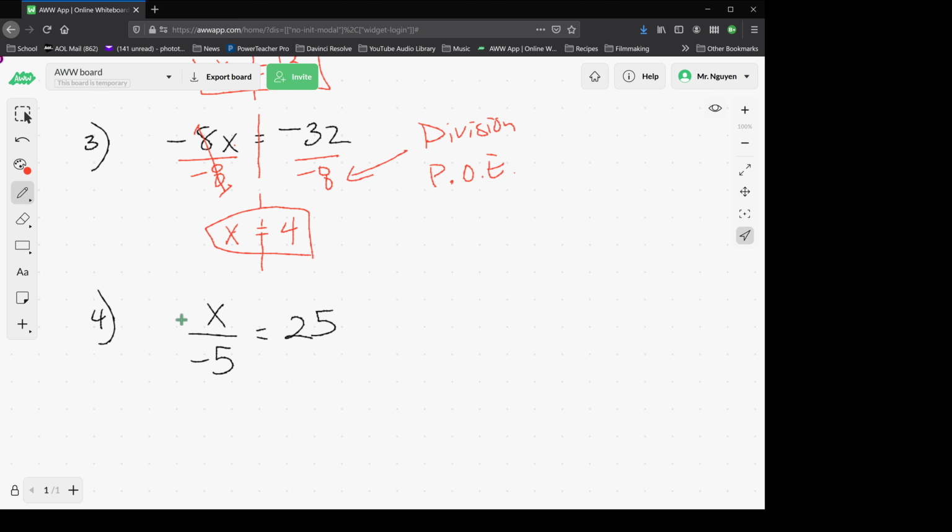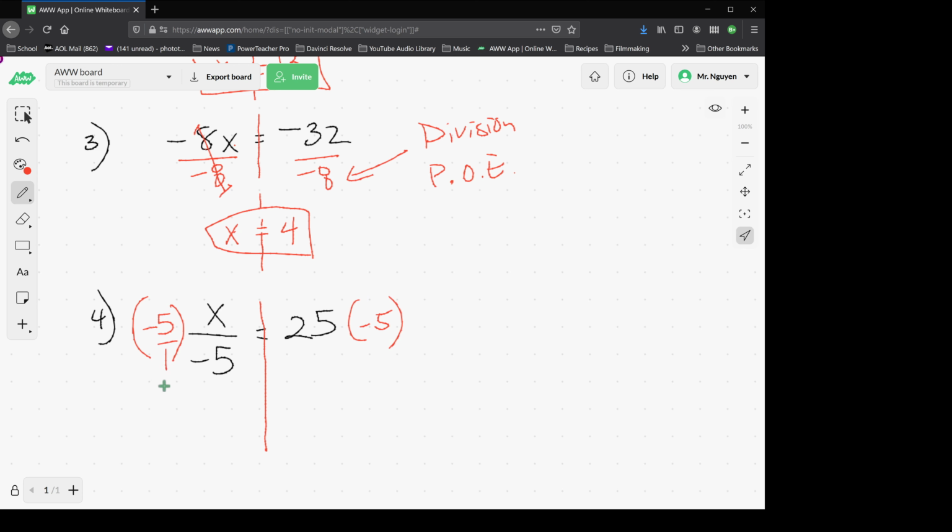Because what this really says is x divided by negative 5. And we always want to do the inverse operations to undo what we've done. So on the left-hand side, what's being done is you're dividing by negative 5. To undo that, you have to multiply by negative 5 on both sides.